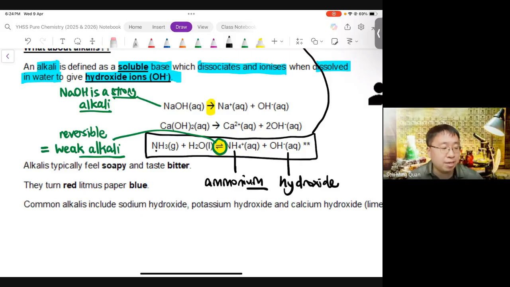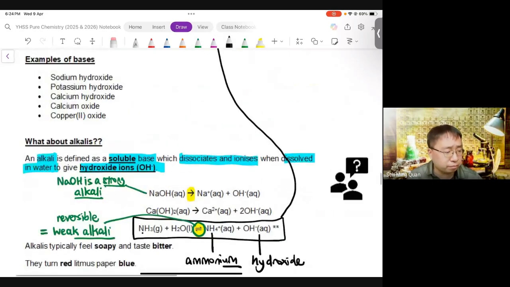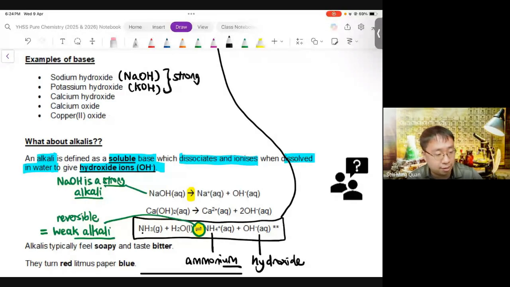Okay. Now, let's just quickly end off. So the common alkalis in your lab: sodium hydroxide, potassium hydroxide. Generally, these two are considered strong alkalis. So both sodium and potassium hydroxides are strong alkalis. They dissociate and ionize completely and irreversibly in water. Calcium hydroxide is the next one, Ca(OH)2.